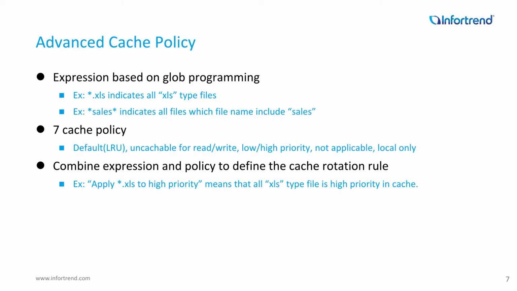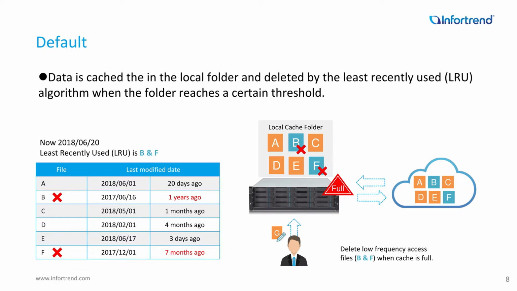Second, we have 7 cache policies that are mapped to specific situations, which will be explained later. Third, you can even set up a combined condition of the items mentioned above to ensure the data is kept specifically in the local site. To discuss further the 7 cache policies, let's start with this slide.